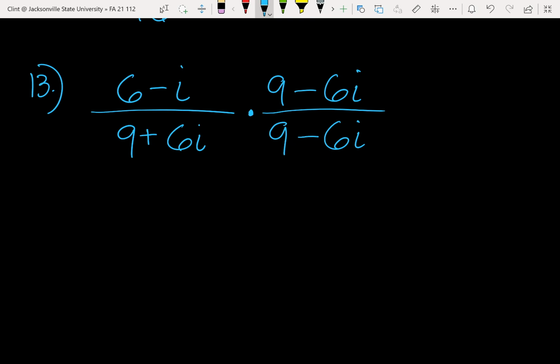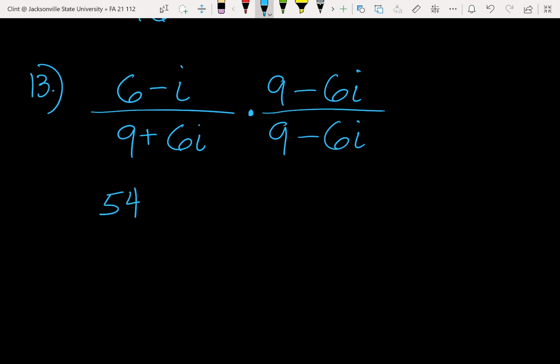Okay. Multiply by the conjugate over itself. And this one's a little more involved than some of the ones we did, because on the top we have the FOIL method to do. So on the top, if we do 6 times 9, we get 54.